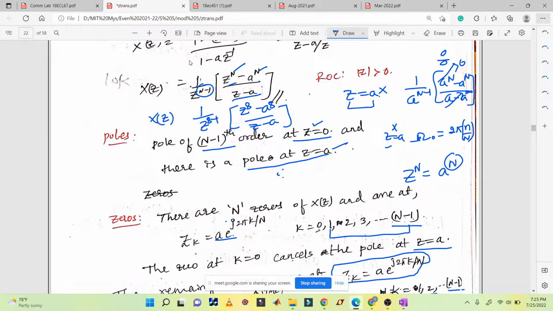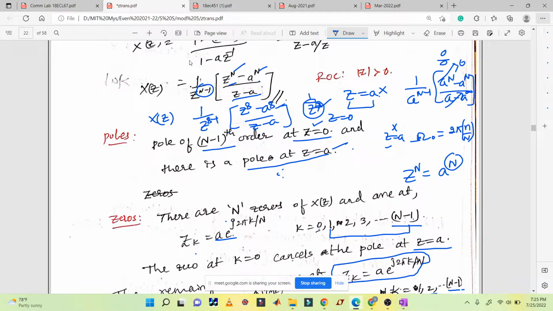So 1 by z to the power 7 and the remaining will be the same. So there is a pole of order 7, (N minus 1)th order, at z is equal to 0. If you substitute z is equal to 0, 1 by 0 is infinity. That's why at z is equal to 0, there is a pole of order 7.